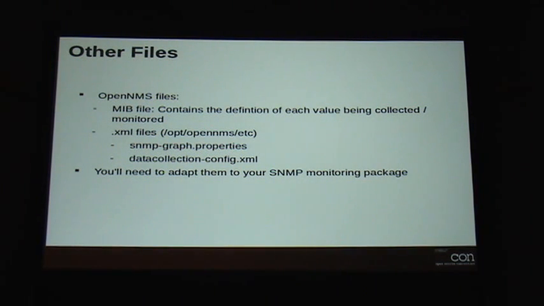The enterprise OID plus the identification for the MySQL variables are supplied by the agent, and those we took straight from the original agent, so we didn't change any of that.